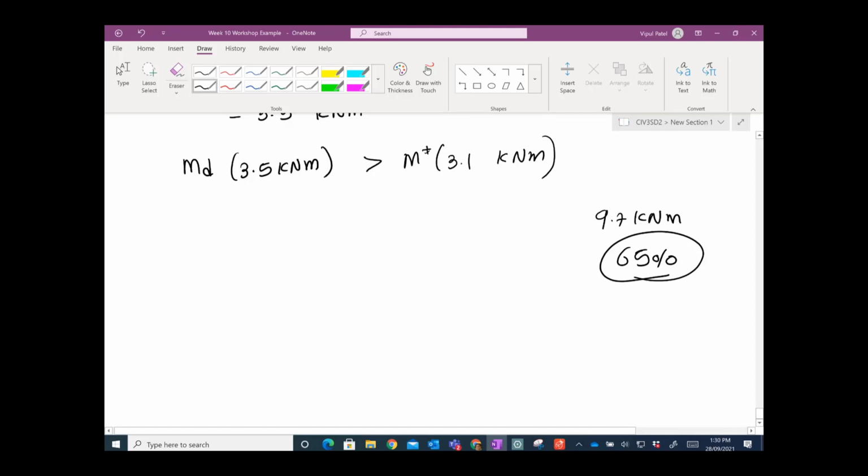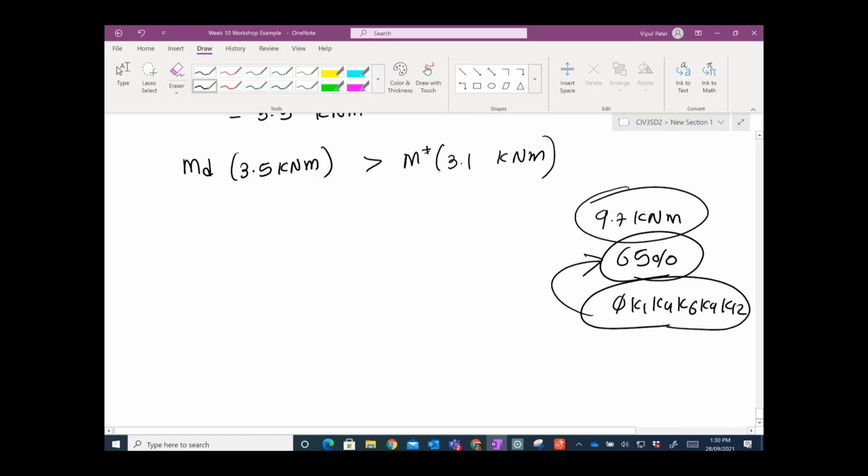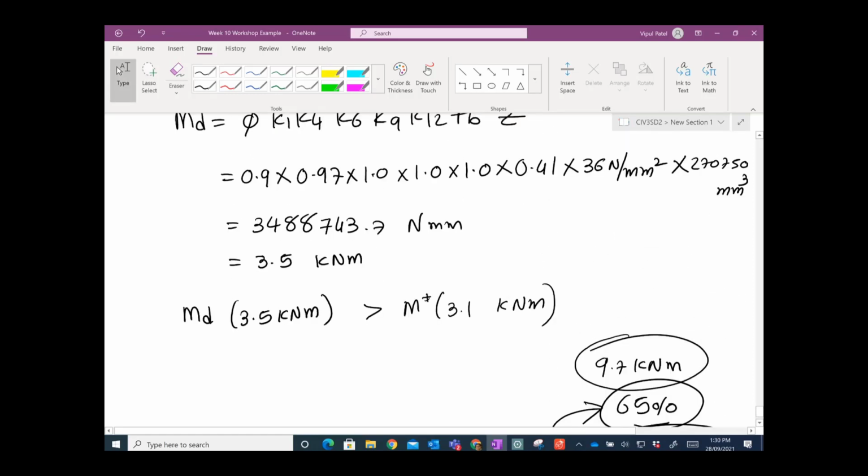You can see that there is more than a 50% penalty from phi, K1, K4, K6, K9 and K12 all together, because your actual capacity is 9.7 kilonewton meters, but the standards don't want to take 9.7 kilonewton meters. They just apply the 65% penalty. The biggest penalty is coming from lateral torsional buckling, because you don't have any stringers restraining it, so global buckling occurs.